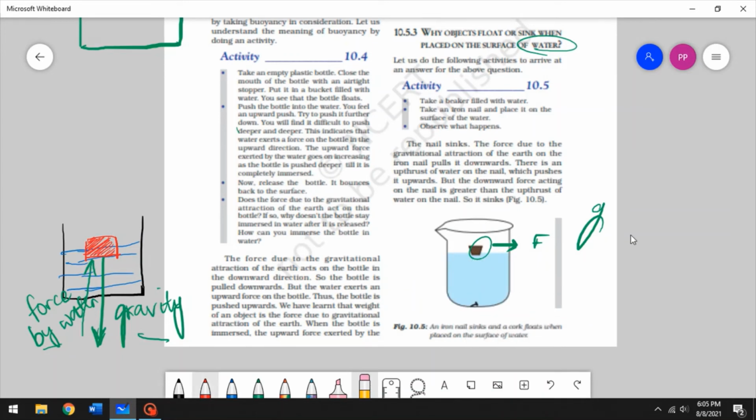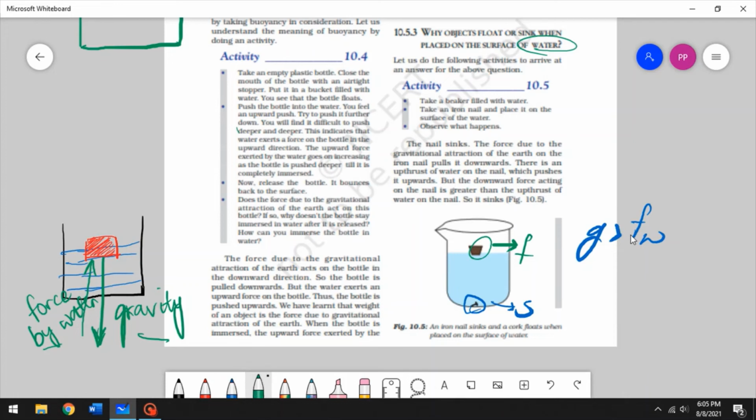We're talking about the cork in green color and about the nail in blue color. Why did the nail sink? The nail sank because the attraction by gravity was greater than the force exerted by the water. So F sub W represents the force exerted by the water.